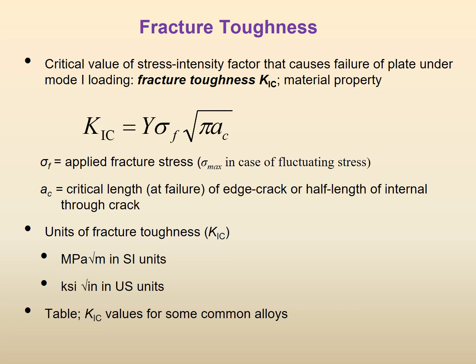You kept on doing this until a critical point was reached. Once the critical point was reached, the material will suddenly fracture. So the sigma has reached a failure point, sigma F, and the A, the crack size, has increased to a critical crack size. So therefore the sigma is sigma F and the A is AC.